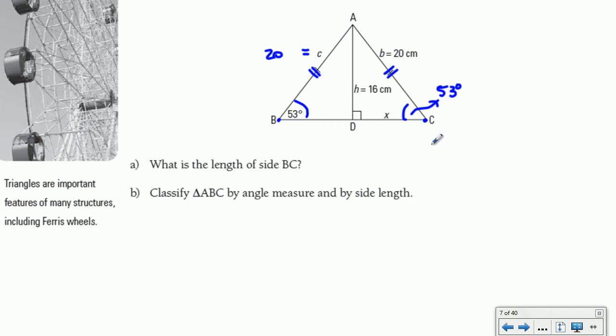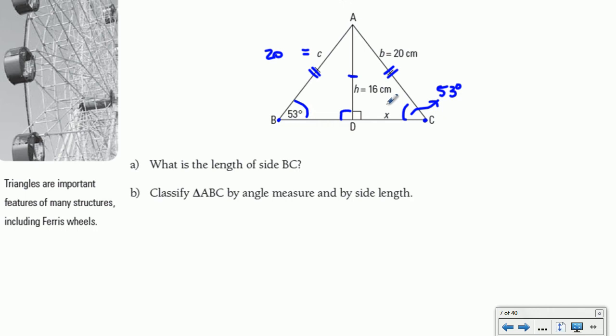So triangle ABD is congruent to triangle ADC. They both have a right angle. They have a common height.